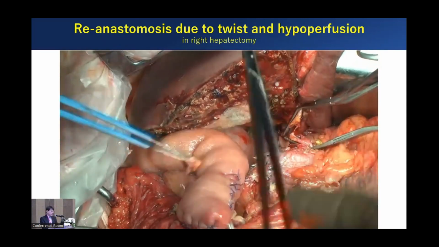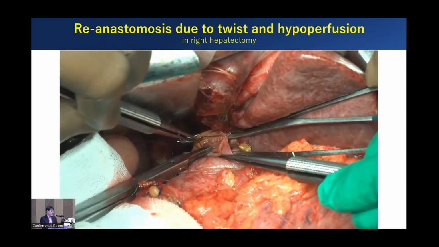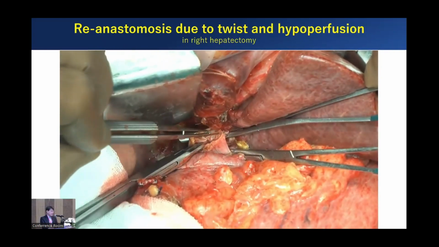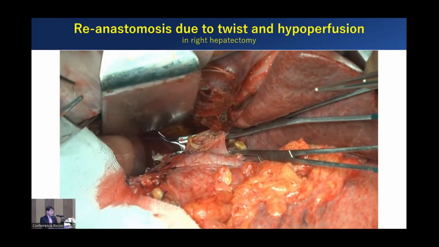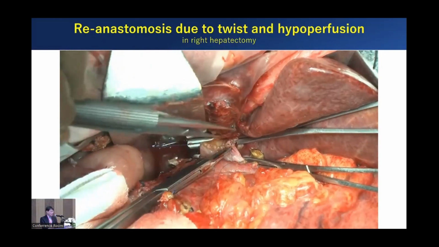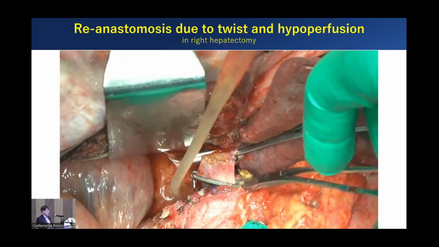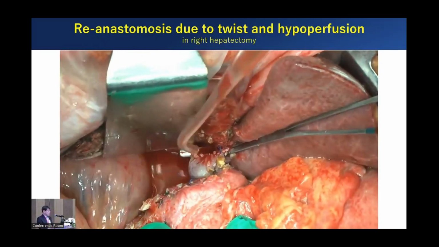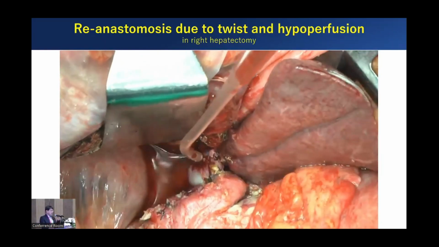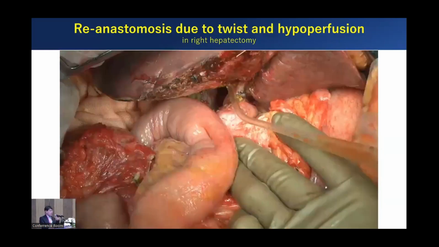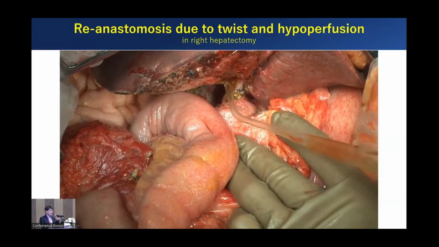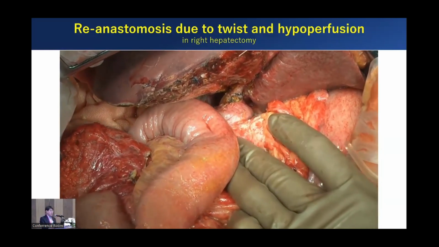Remove the anastomosis and use the same technique, intraluminal suture technique, and overhand order. After 3 times of anastomosis, I was satisfied with the appearance of the portal vein.